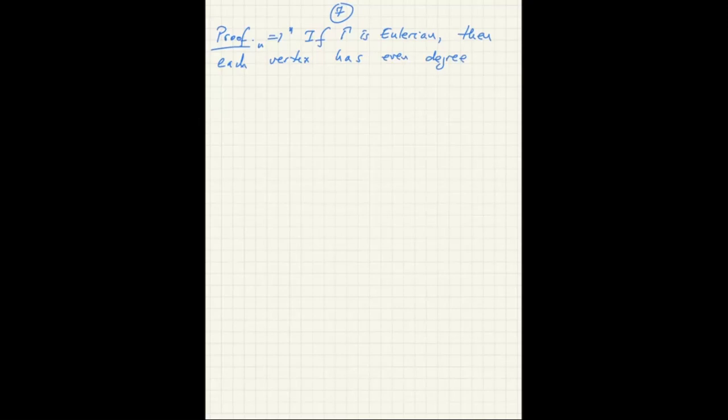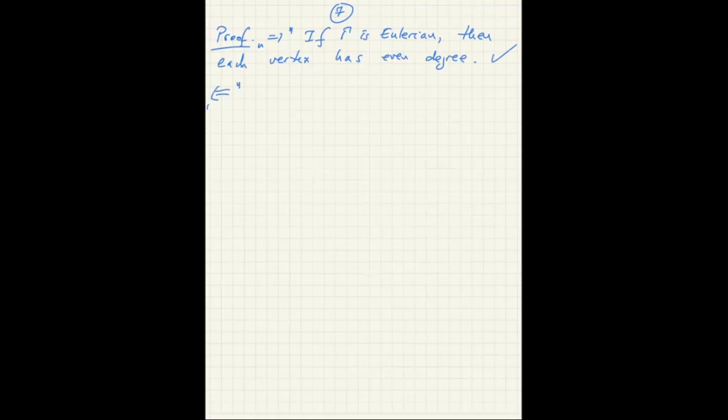So let's prove it. First, the direct implication: if gamma is Eulerian, then each vertex has even degree. We've done it before, so we discussed it earlier.